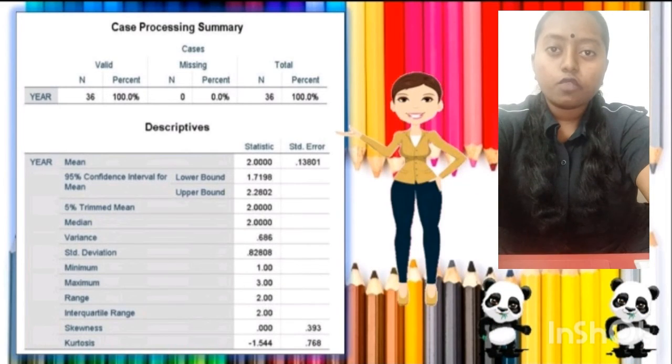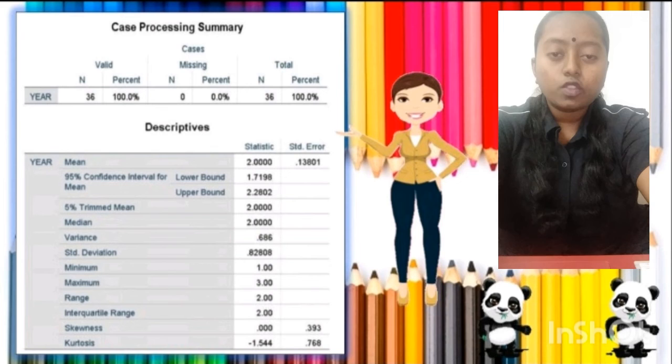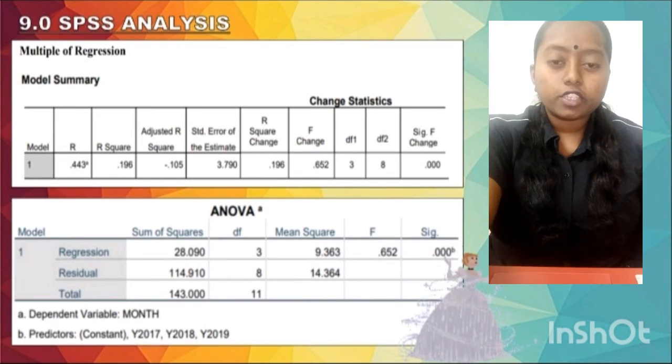For this research, we have set the confidence interval at 95%. Thus, our significance is 5%. For year, the confidence interval range is from 1.7198 to 2.2802. After that, the model regression summary.